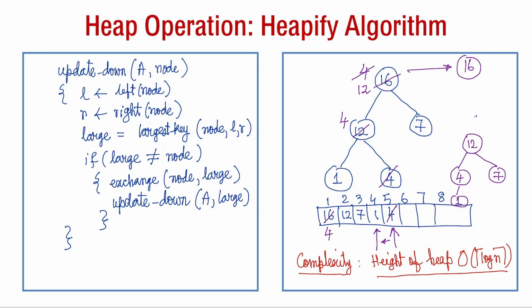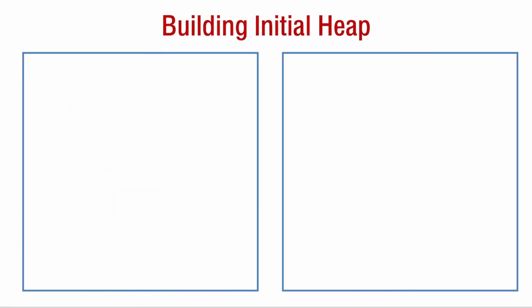Now we will see how to build the initial heap. To build the initial heap, what we do is a very simple thing. We have two options. Option 1 is to insert the n elements one after another.